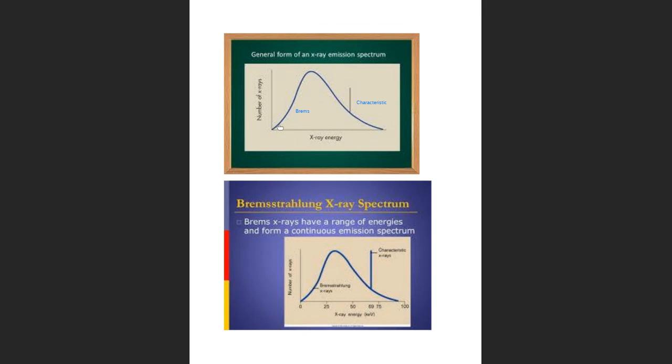Anything that affects the quality of the beam will represent a shift of this bell. It'll represent a shift to the right if it's an increase in quality, and to the left if it represents a decrease in quality.